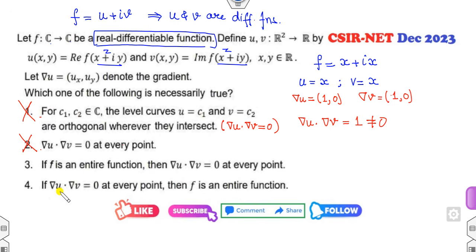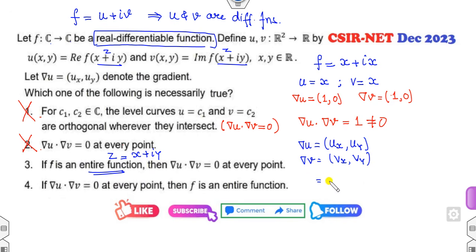If del u dot del v is 0, okay, first check this part. F is an entire function. F is entire function means f satisfies the CR equations. U and v are harmonic functions. So what is my del of u? Because f is an entire function, you can choose any entire function. I can choose z. Fine. So z means x plus iota y, but in general this part, and del of v is v x, v y.